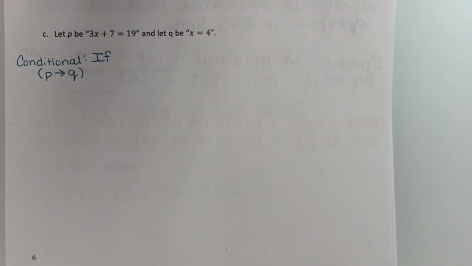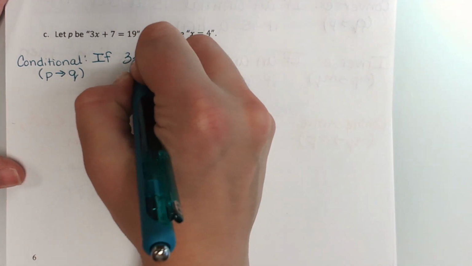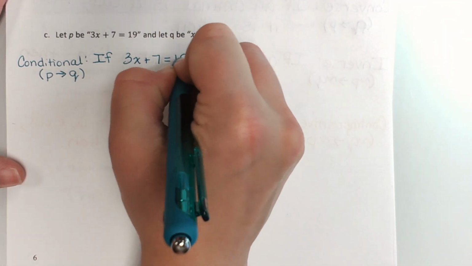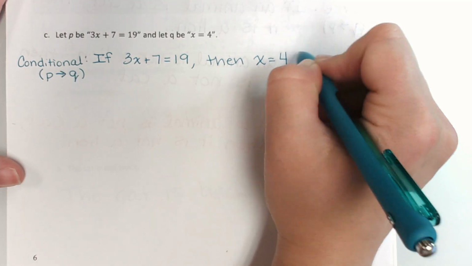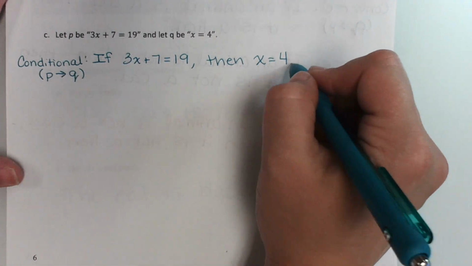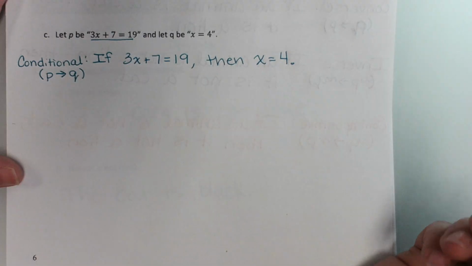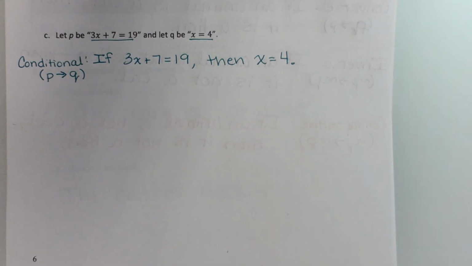Okay, so if P, what are you thinking on this one, Jackson? If 3x plus 7 equals 19, then x equals 4. Exactly. If here's P, then here's Q. That's exactly right.